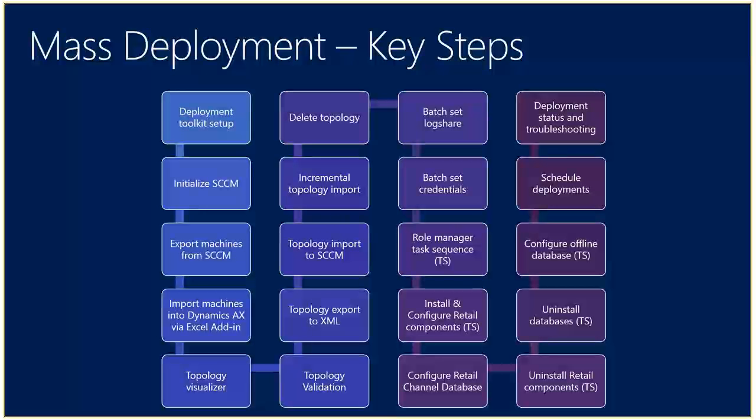After that, the next step generally recommended, assuming that you already have computers discovered by System Center Configuration Manager, is that instead of having to recreate these computer entities, and by computer entity I mean an entity that contains things like your computer name, your IP address, your workgroup domain name, any unique identifiers, and so on and so forth.